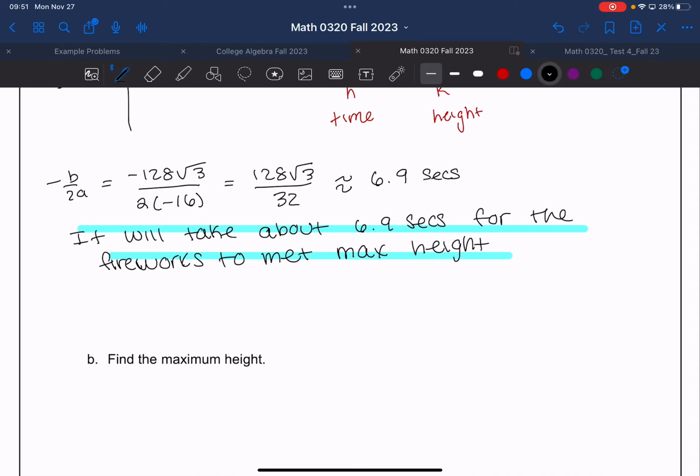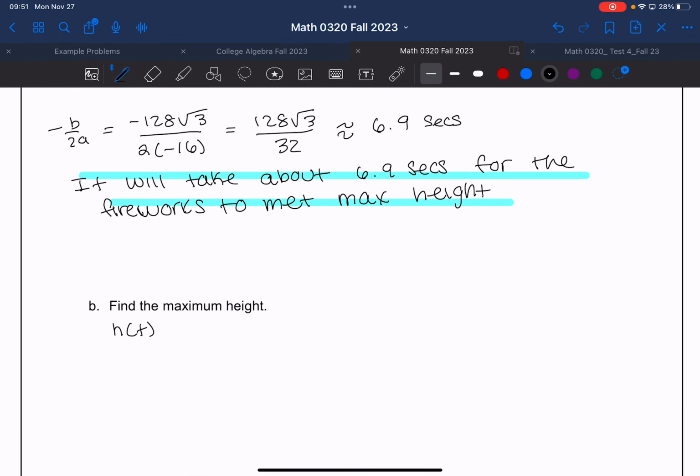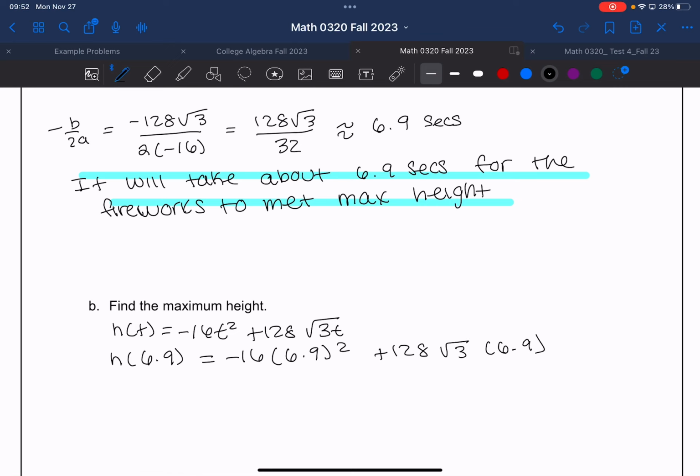So remember, our original equation was h of t is equal to negative 16t squared plus 128 times the square root of 3t. Okay? So plugging in 6.9 for t, I have h of 6.9 is equal to negative 16 times 6.9 squared plus 128 times the square root of 3 times 6.9.